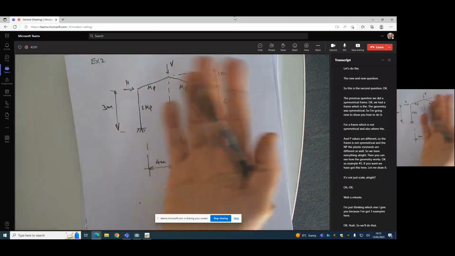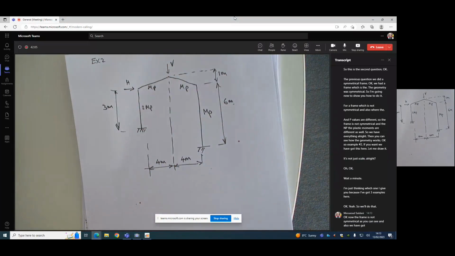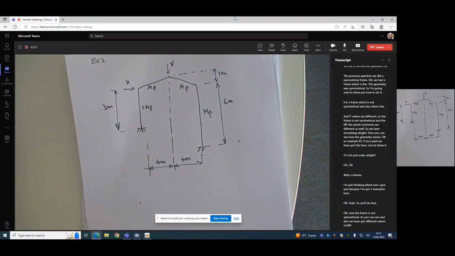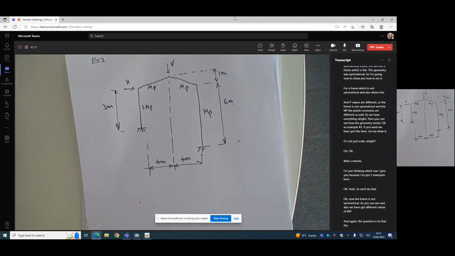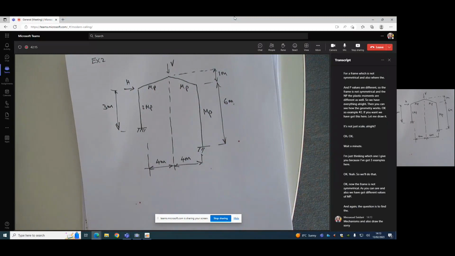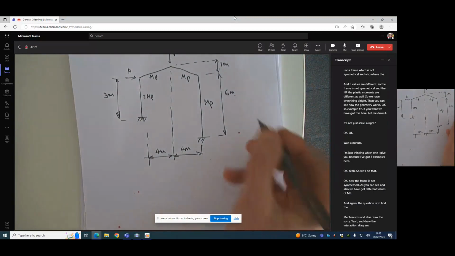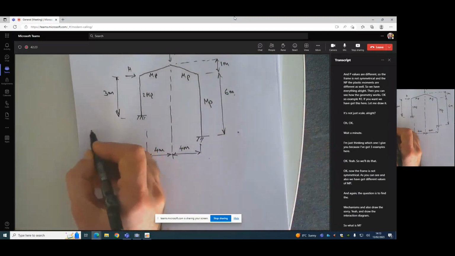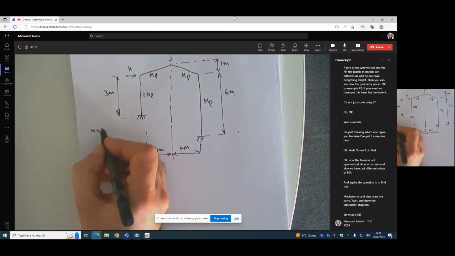Now the frame is not symmetrical, as you can see, and also we have different values of MP. And again, the question is to find the mechanisms and also draw the interaction diagram. So what is M? 1, 2, 3, 4, 5 again.